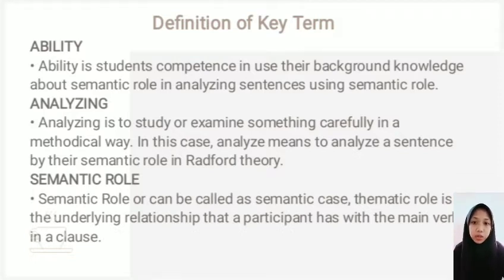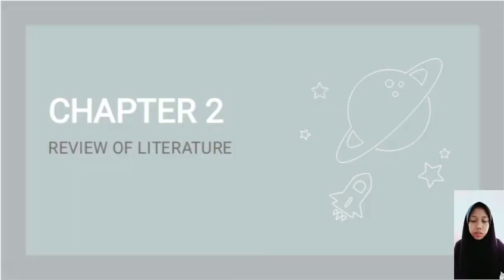And the next, semantic role. Semantic role, or can be called a semantic case. Thematic role is the underlying relationship that a participant has with the main verb in a clause. Next slide is chapter 2, review of literature.